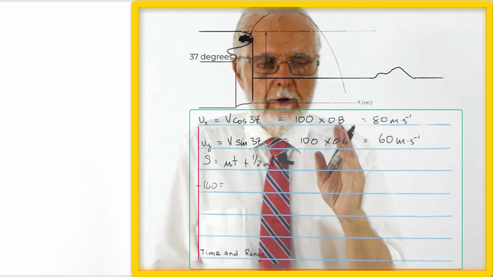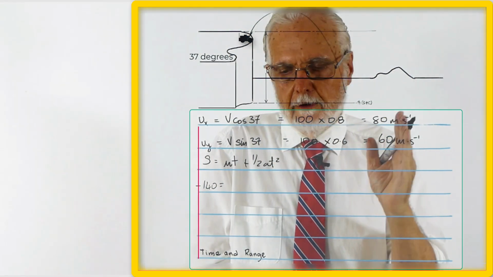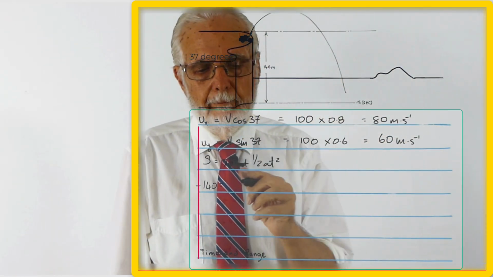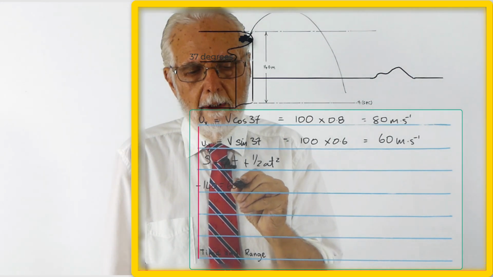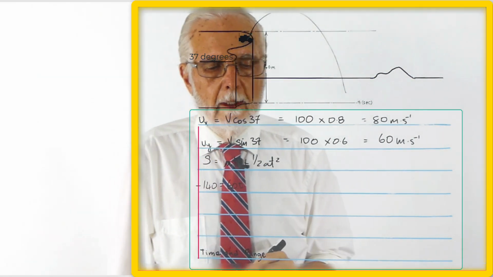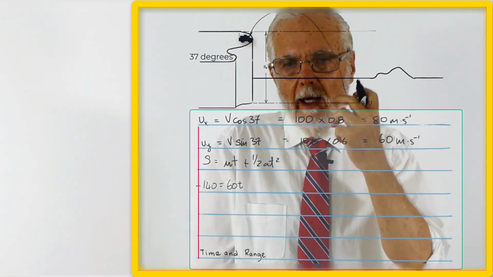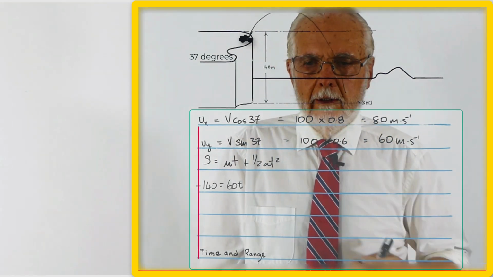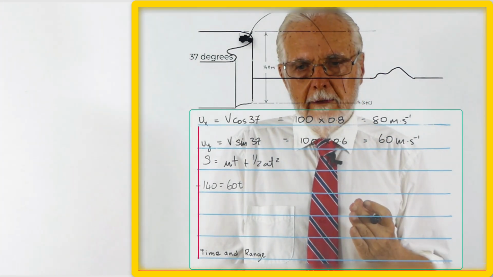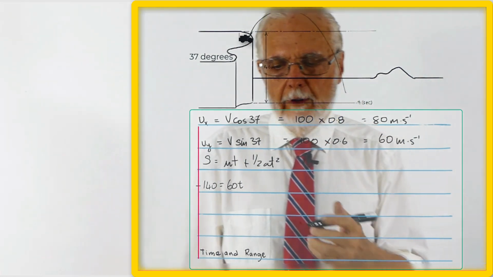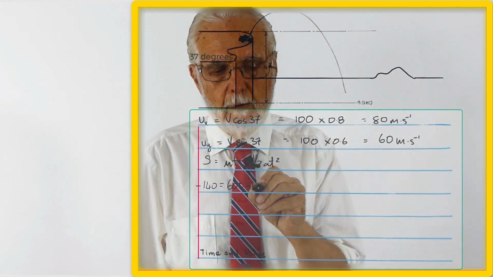U, the vertical component of the velocity, is 60 metres a second, going up. So it's 60t. Now the half a becomes a half g, which is negative 4.9, so this is negative 4.9 t squared.